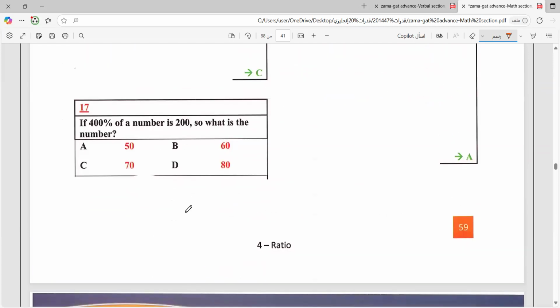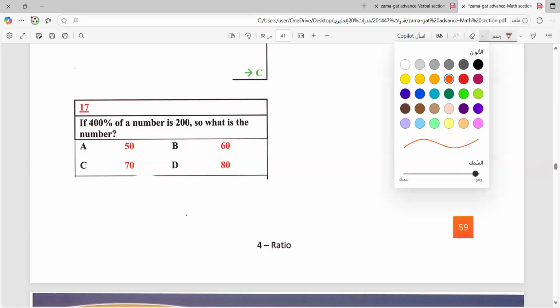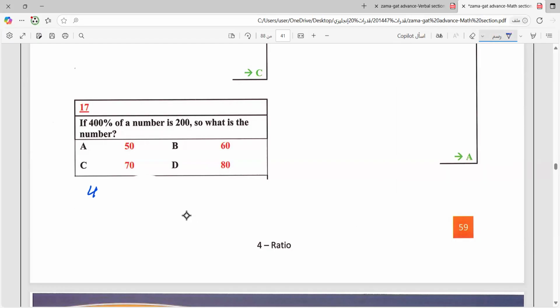Okay, number 17. Continue, Yasmin. If 400% of a number is 200, what is the number? Here we have 400%. So over 100. Is it 4? Because of a number, the 100% answer is what? 4. Correct.